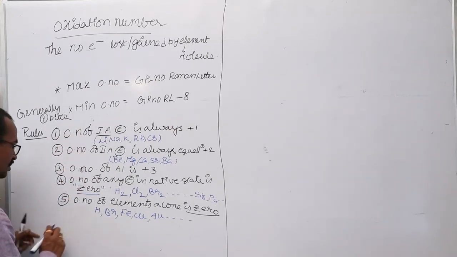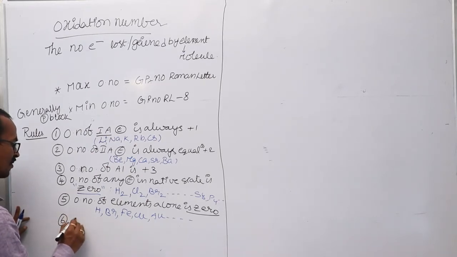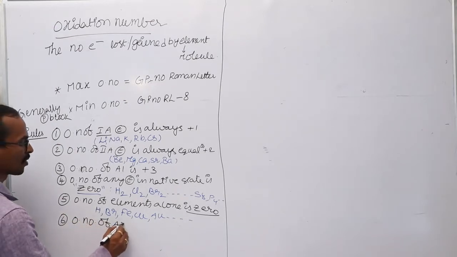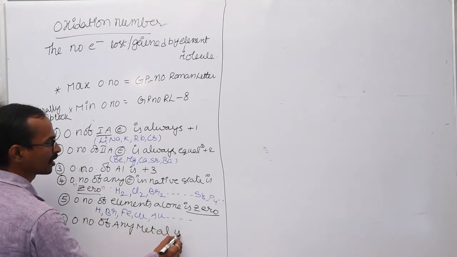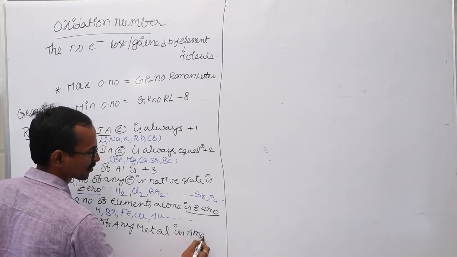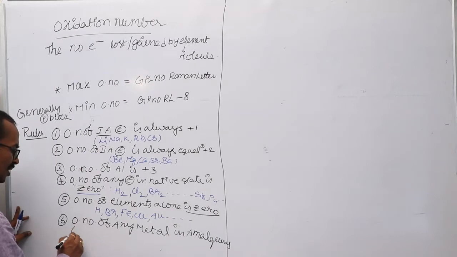Next, sixth point you have to remember, the oxidation number of any metal in amalgams. Amalgams means nothing but metal plus mercury.